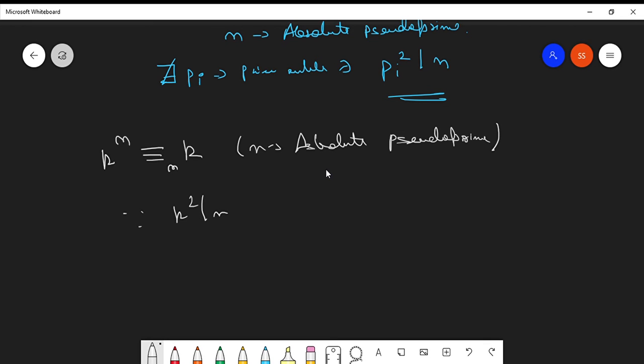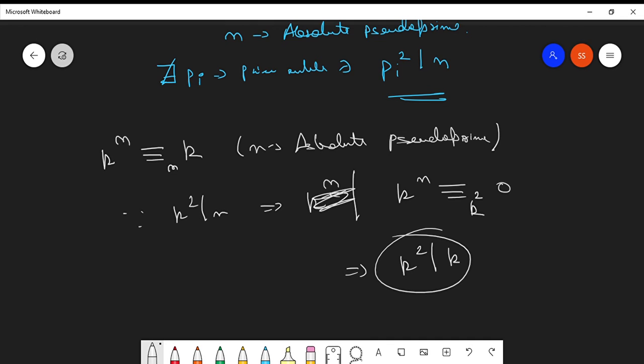So we can write that k to the power n is congruent to 0 mod k square, which actually means that k square divides k, which is impossible. True only if k equals 1, but 1 is not a prime number. Got it? So every absolute pseudo prime or Carmichael number must be square free. I guess you people have got it.